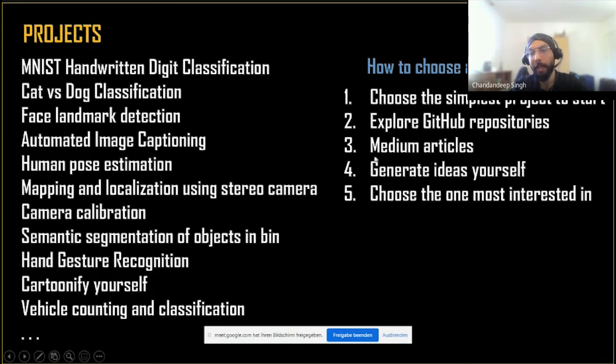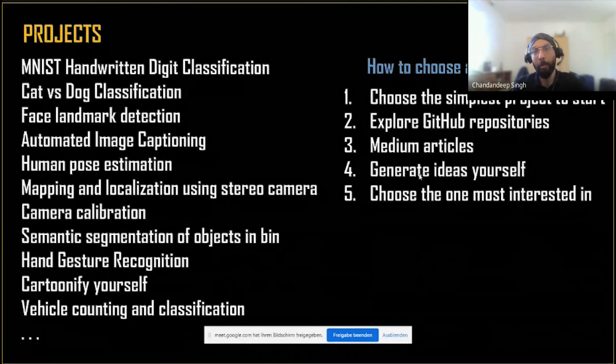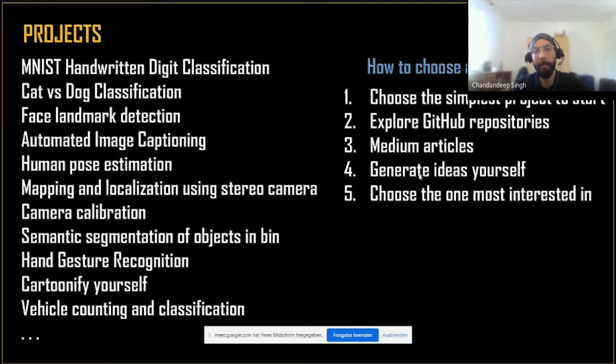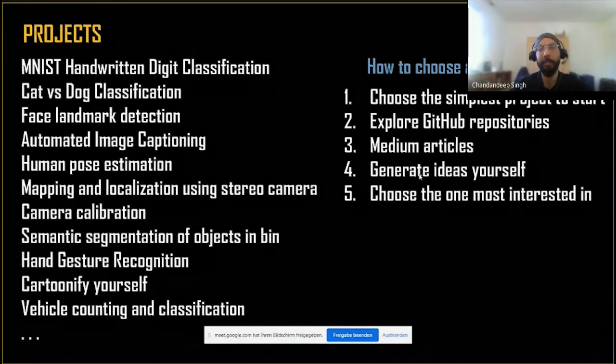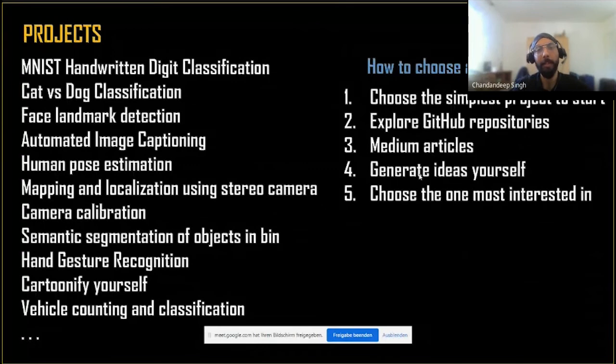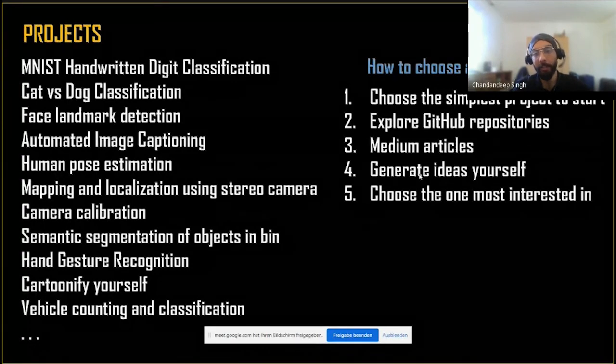Another thing that I like to do is to generate ideas myself. So you can generate your own project ideas. For example, you work on your laptop and you think, okay, what if there's an app that actually helps you pause your music player without using the keyboard, so you can use your laptop camera to, let's say, do gesture recognition to build such a system.